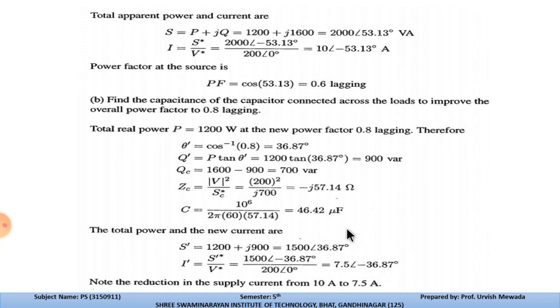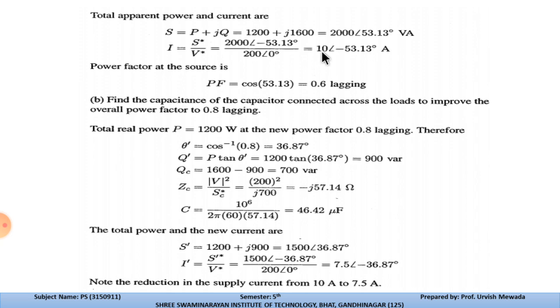Now this indicates the reduction in the supply current from 10 ampere, this is the supply current, to 7.5 ampere, if we put the capacitor bank to improve the power factor from 0.6 to 0.8 lagging. As I told you, if the power factor is poor, the circuit will draw large current. So this was the current drawn by the previous circuit, and here we added one branch of the capacitor, so that the current requirement will reduce as the power factor is improved.